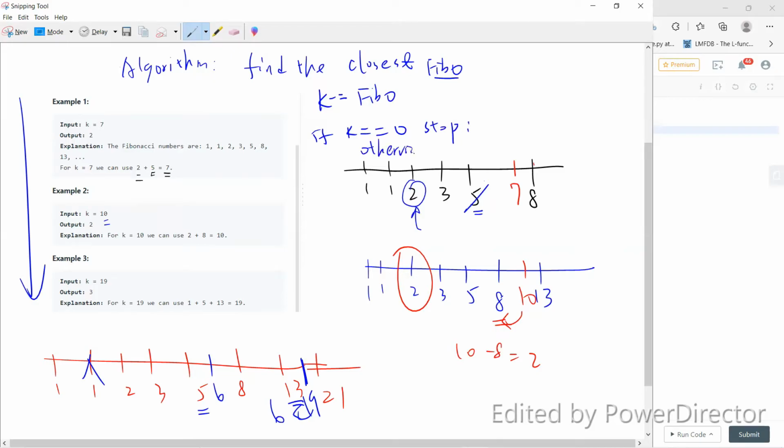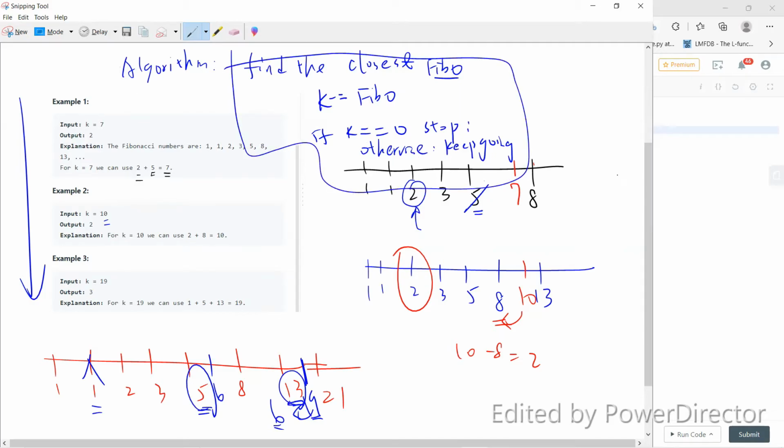Otherwise, keep going. You can see this algorithm, right? For 19, you first find the closest Fibonacci number, and you get 6, and you find the closest Fibonacci number again, and you subtract, you get 1, and then you get 0, right? Okay, so this is the algorithm.